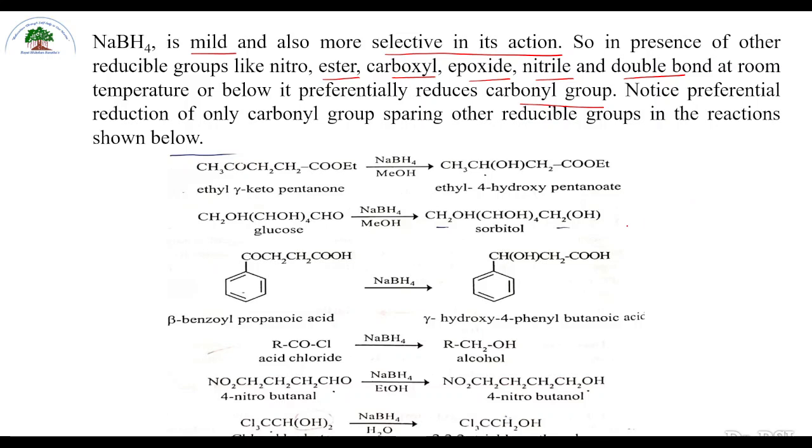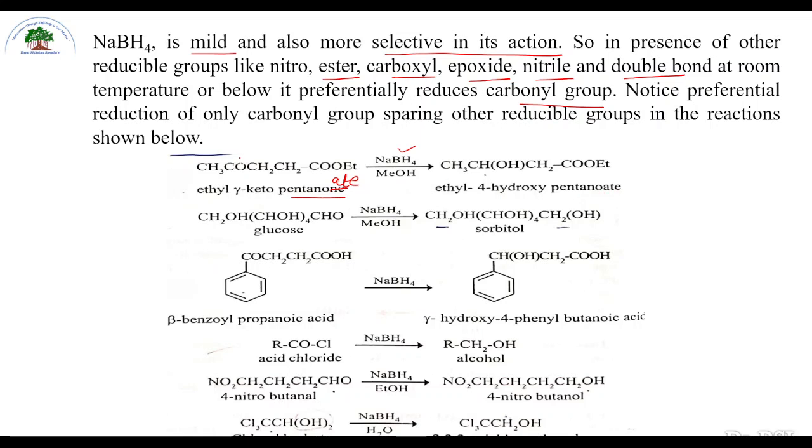So, in the presence of other groups, only the carbonyl group is reduced to CHOH. Here, ethyl gamma keto pentanoate in the presence of sodium borohydride in methanol converts to ethyl 4-hydroxy pentanoate.